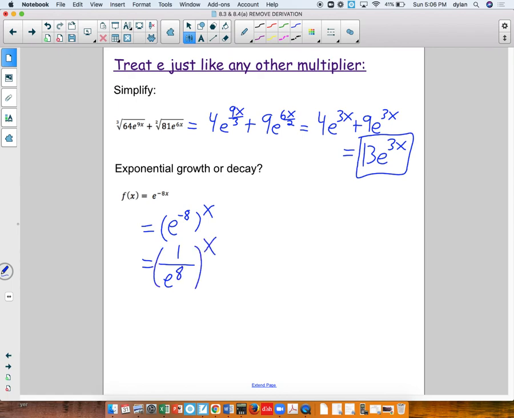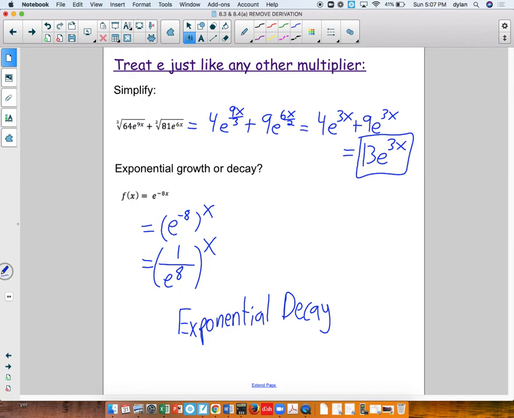Now 1 over e to the 8th is going to be an extremely tiny number because e to the 8th is going to be a very large number. So 1 over e to the 8th would tell us that this formula would represent exponential decay because our multiplier would be very, very small, much less than 1. So this situation would be an exponential decay situation.